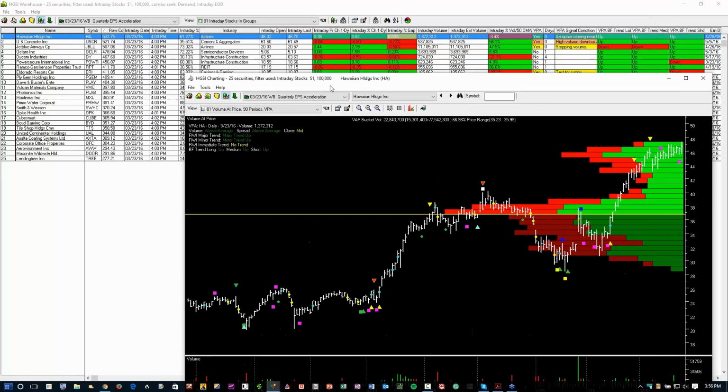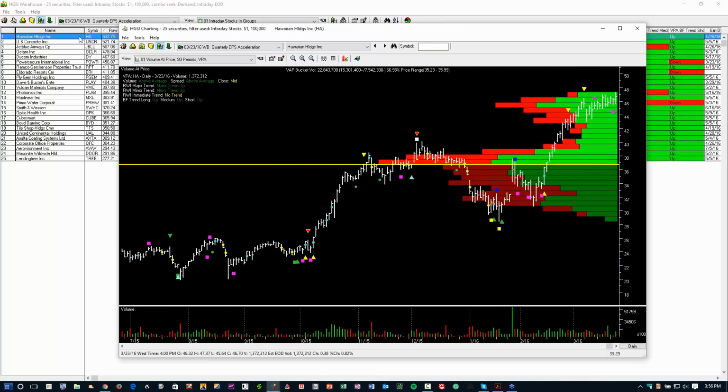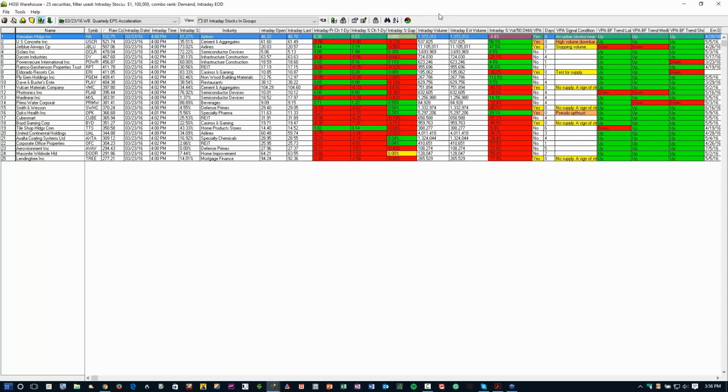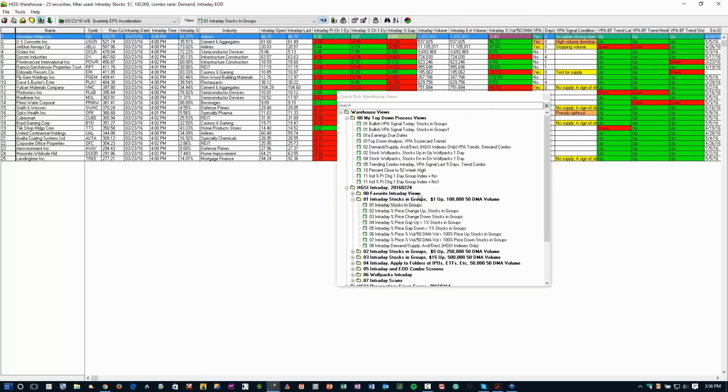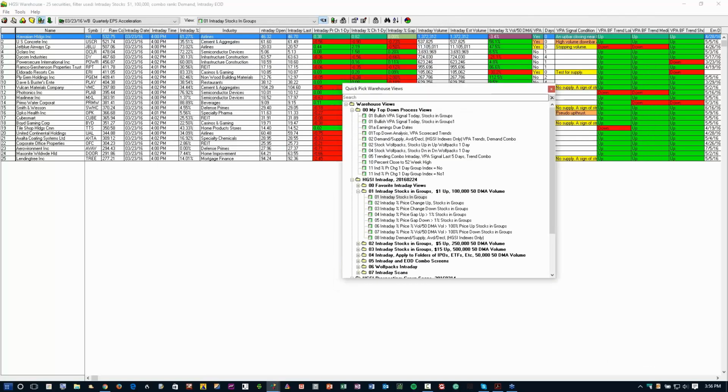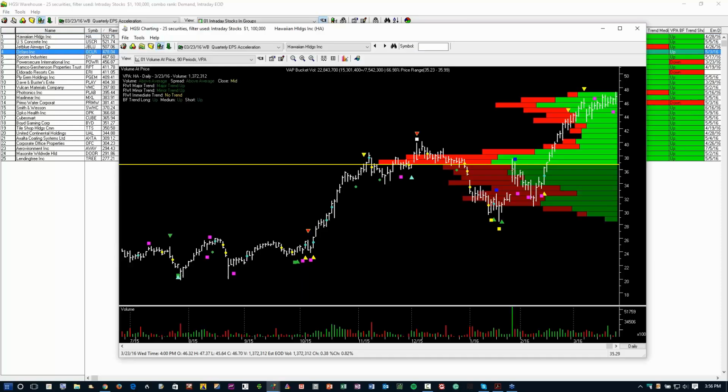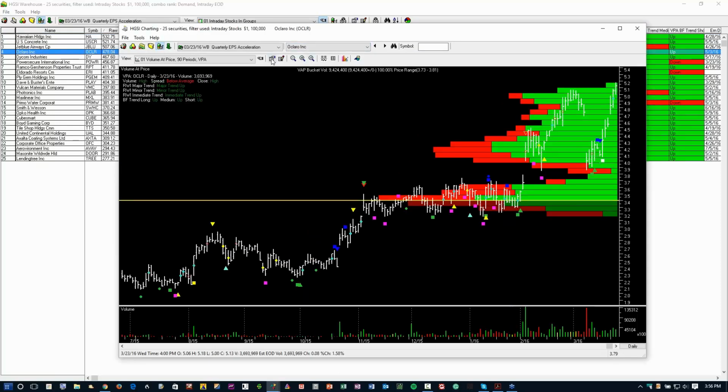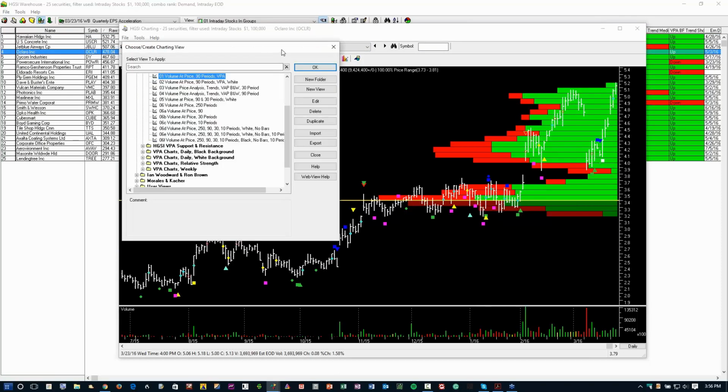Anyway, thanks, Matt, for putting this indicator in and explaining it. You can see that there are a lot of options, and I am primarily just using the base settings. Now, as you probably know, on the VPA add-on, I have put some views in there for you, and I've added a few.